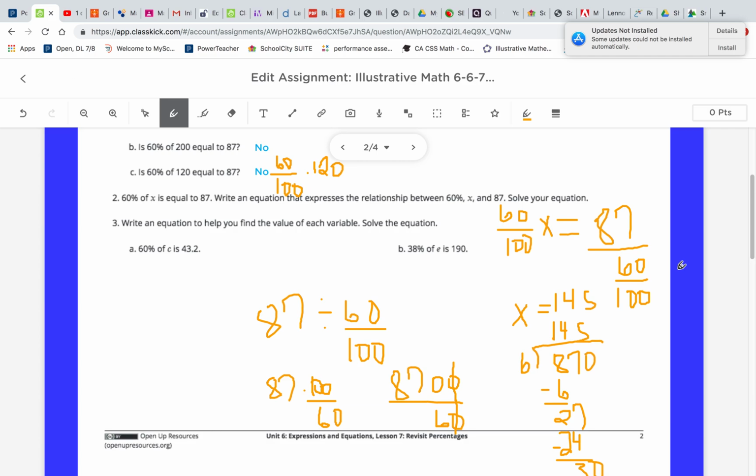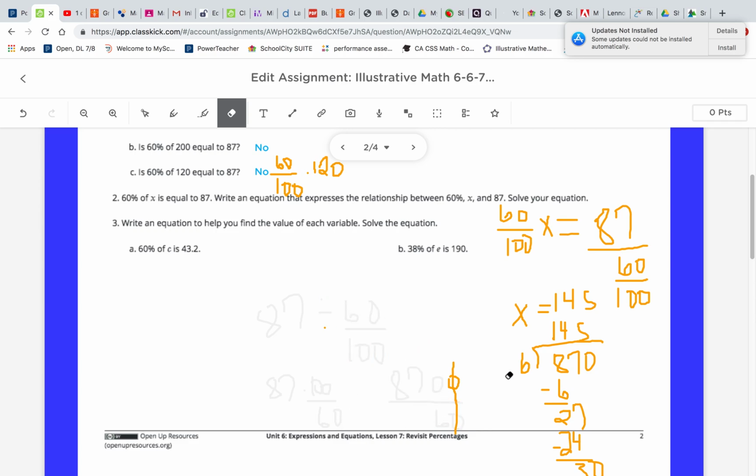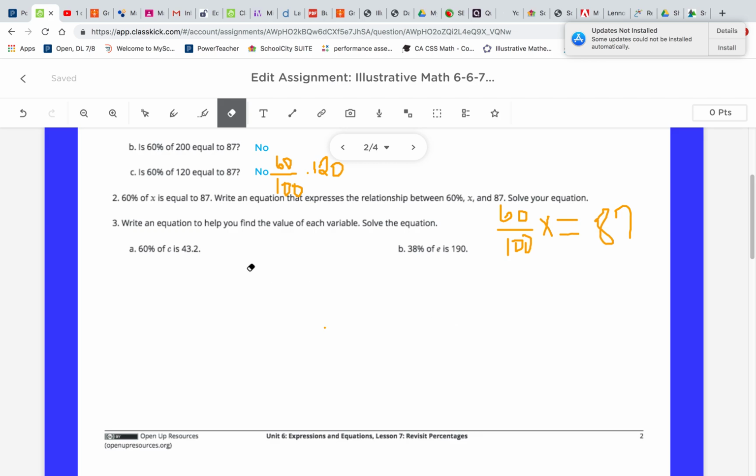All right, so what I'm going to do, I'm going to erase everything except for the equation. So all this other stuff I'm going to take down. And then we're going to move on to number 3. And number 3 says, write an equation to help you find the value of each variable and solve the equation.